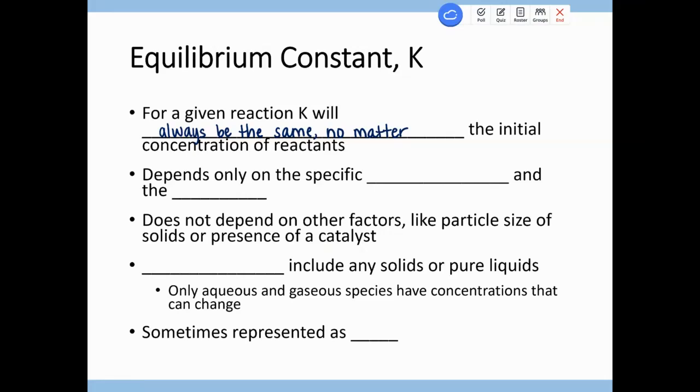K is a ratio of products to reactants. So if you're adding more reactants at the start of the reaction, that will form more products. And when that reaction reaches equilibrium, it will still have the same ratio of products to reactants. So it does not depend on initial concentration. It will be the same for a given reaction. Depends only on the specific chemical reaction.